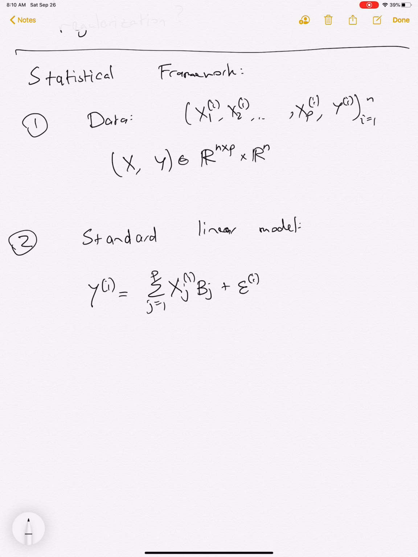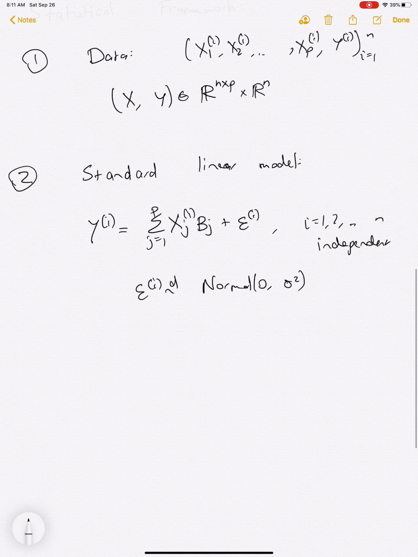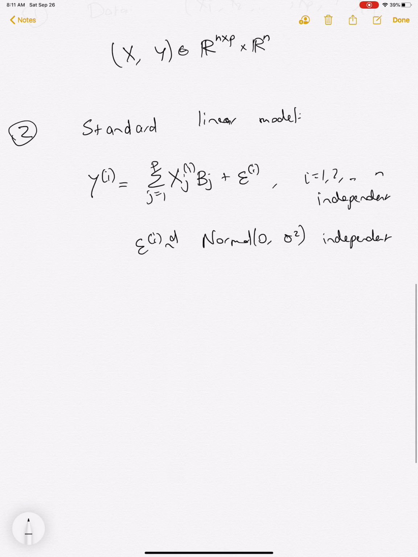We're assuming things are independent. We're also assuming that epsilon_i, for convenience, is just normal with mean 0 and variance sigma squared, and they're also independent. It's also the same in matrix vector notation as what we've seen before.